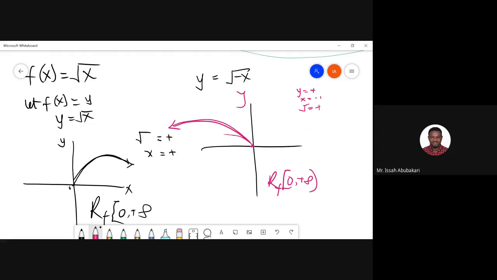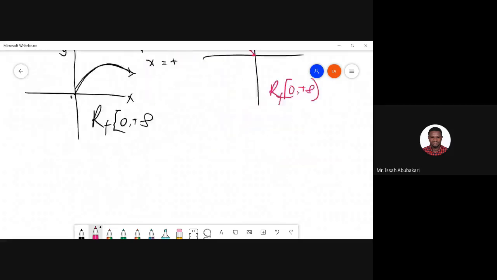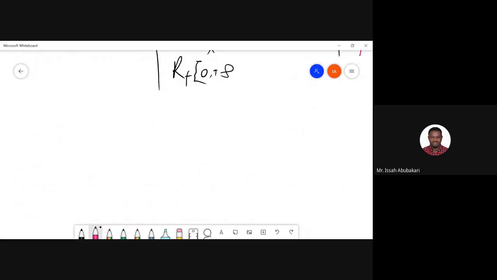Now let's look at another situation whereby we have y equal to negative square root of negative x. Now the sign of the square root is negative. It simply means it's going to go below the horizontal line, below the x axis. So now let's look at how it will look.